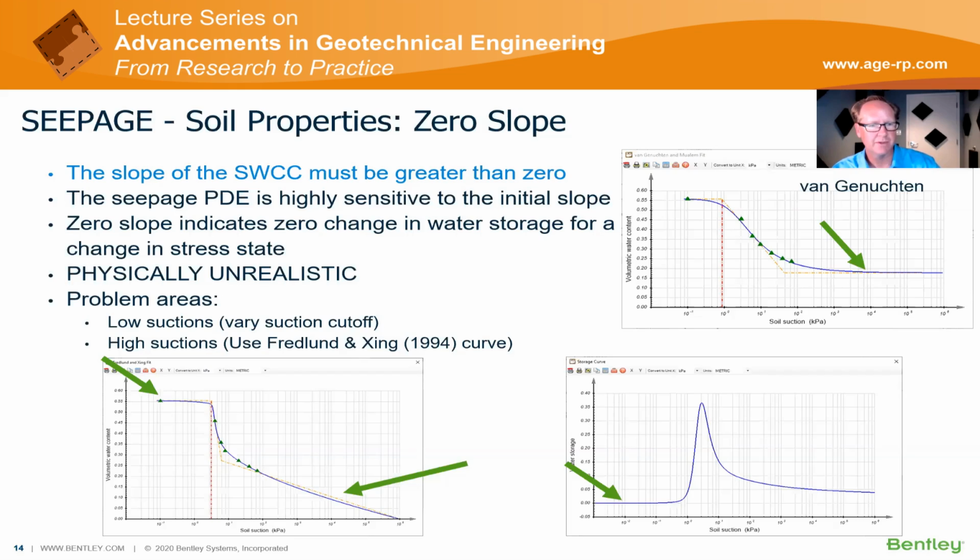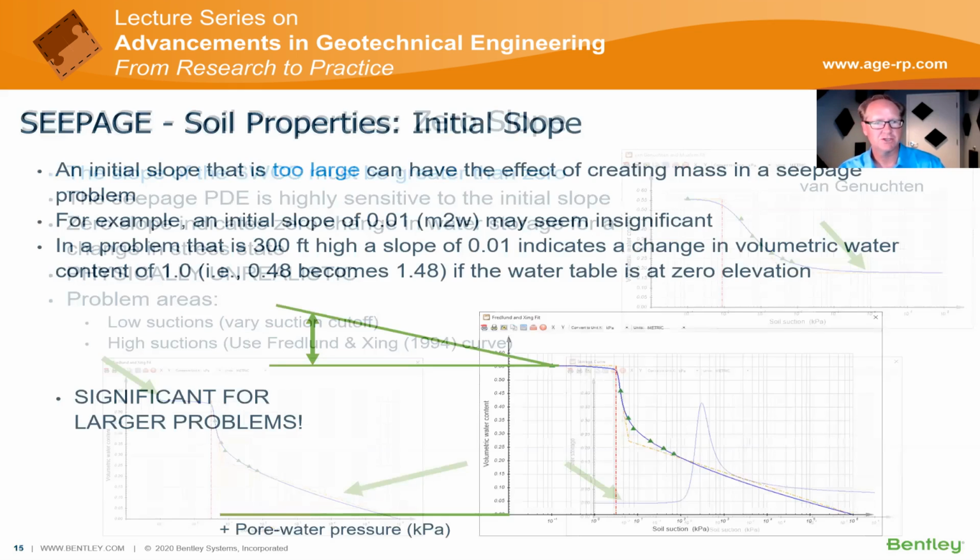So in this case, additional equations like the Fredlund and Xing go to 0 at 1,000,000 kPa, but they keep that small slope through this zone, which actually greatly enhances the numerical stability of your finite element software in these zones. So these are other ways you can alleviate issues.